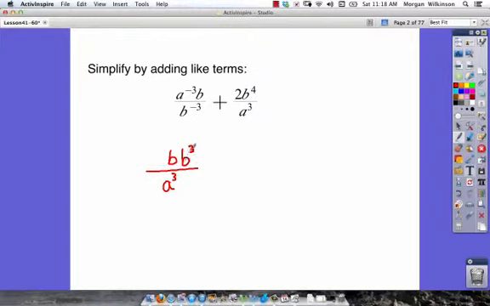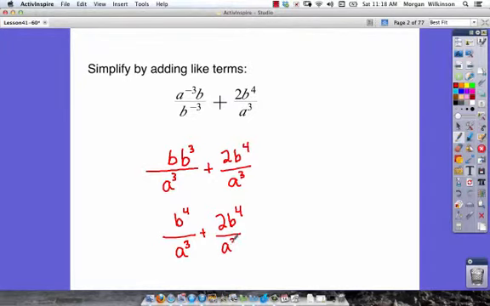So we've got b to the third over a to the third, plus 2b to the fourth over a to the third. We need to simplify our first term further. We have b and b to the third. Well, that must be b to the fourth power over a to the third power plus 2b to the fourth power over a to the third power.